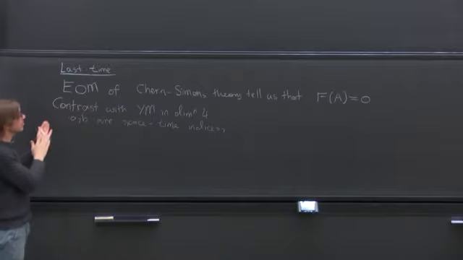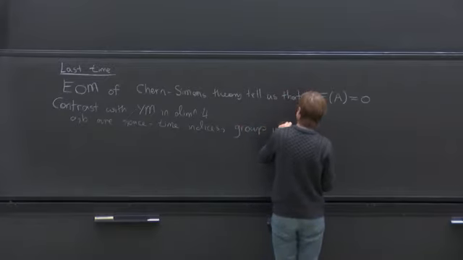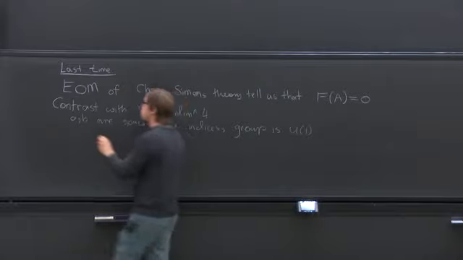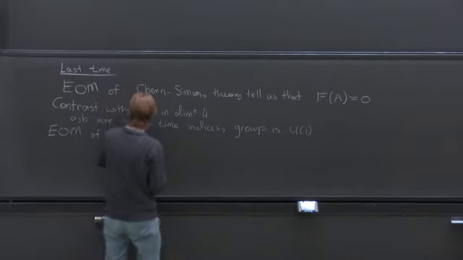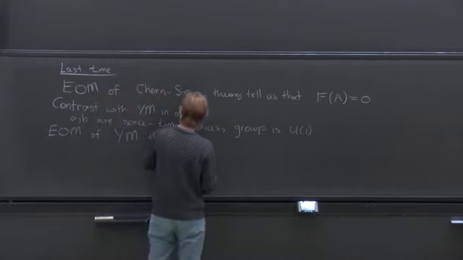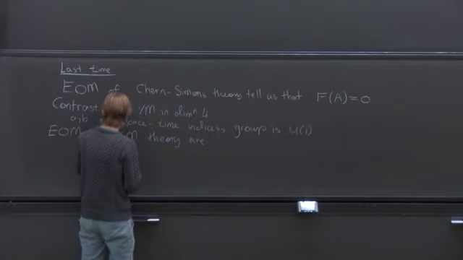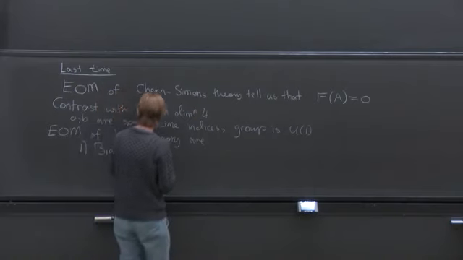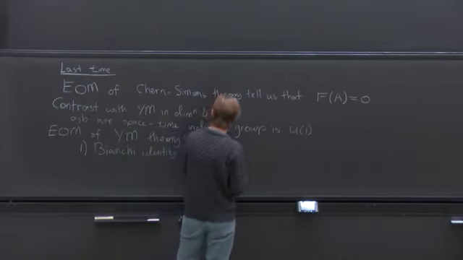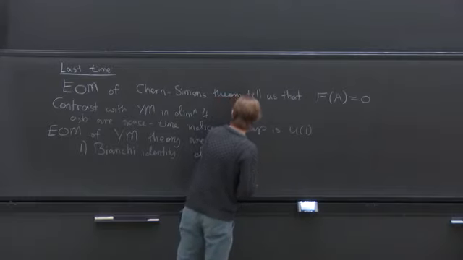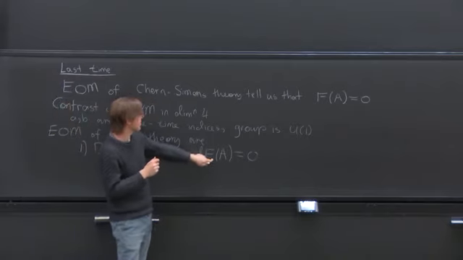and for simplicity, I'm going to take the group to be U1. Then the equations of motion of Yang-Mills theory are, firstly, the Bianchi identity, that the de Rham operator applied to the curvature 2-form vanishes.